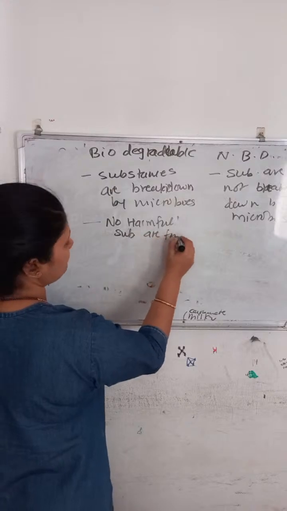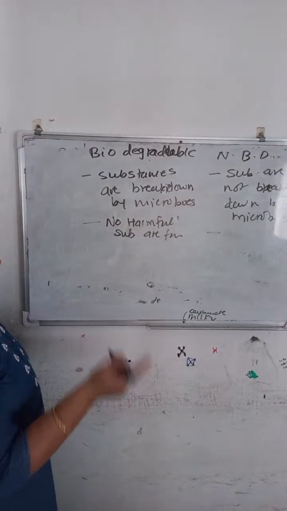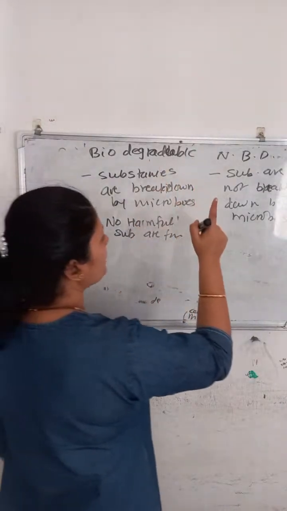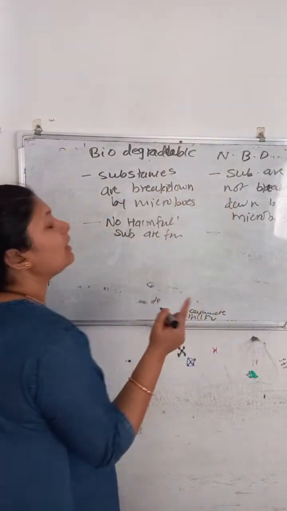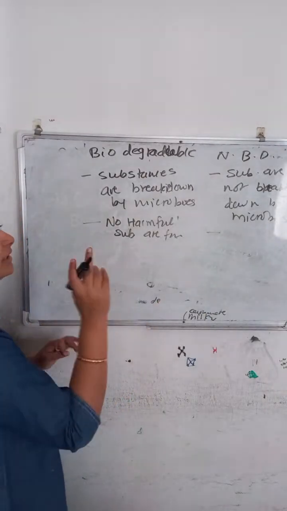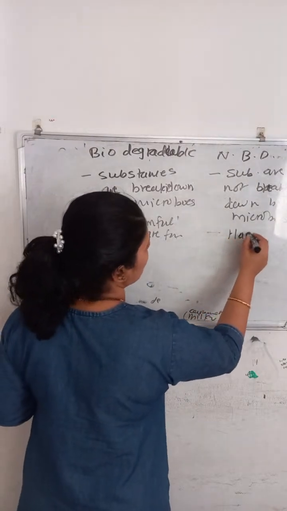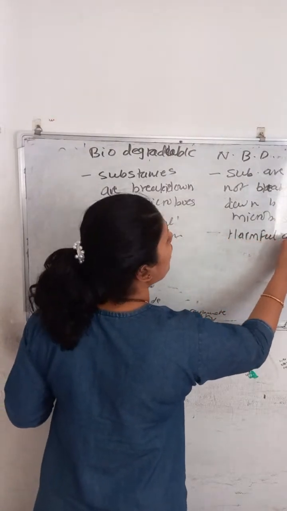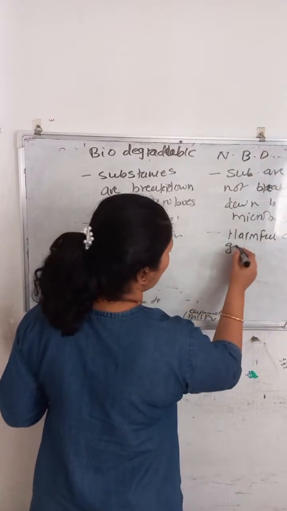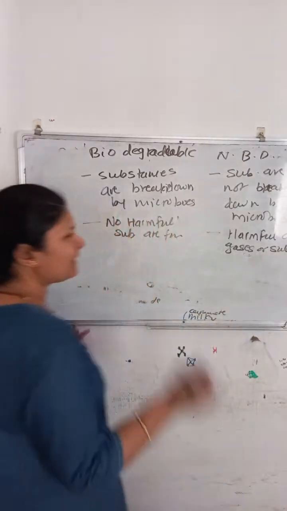Once they are broken down by microbes, no harmful substances are formed. But whenever we are reusing or recycling non-biodegradable substances, whenever we are processing, manufacturing or recycling them in industry, it always generates harmful gases or substances. Very important.